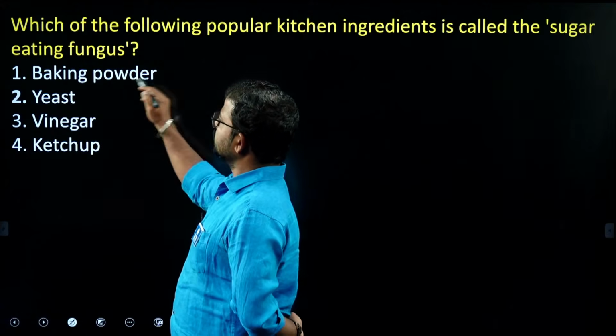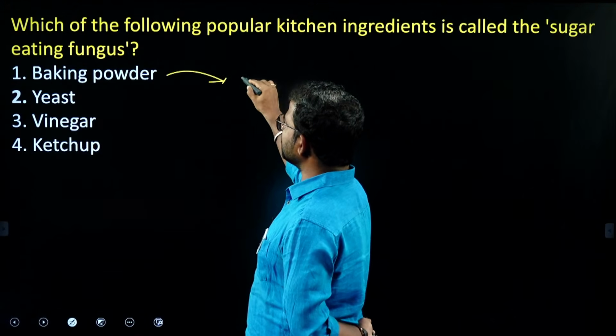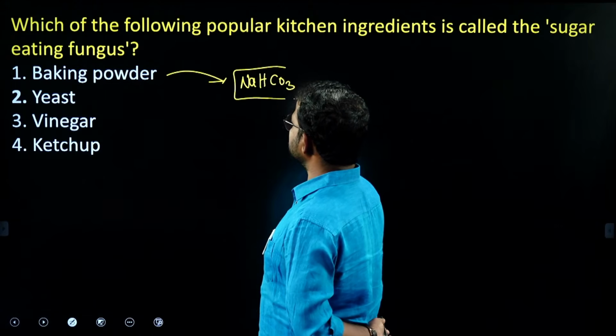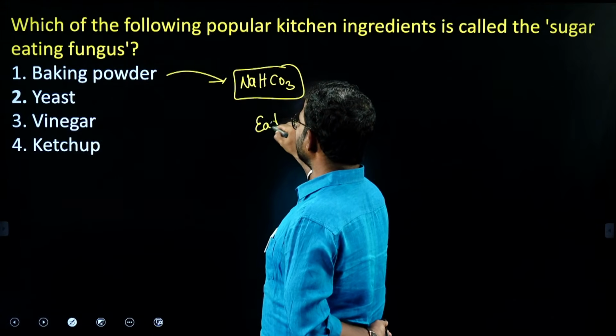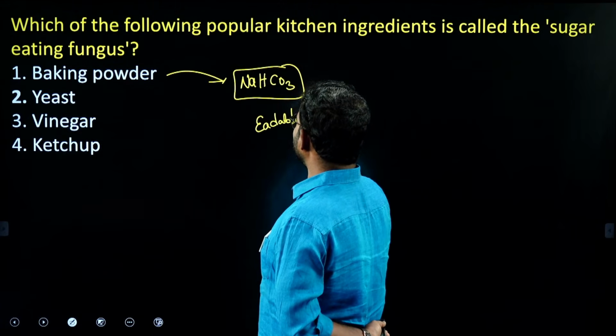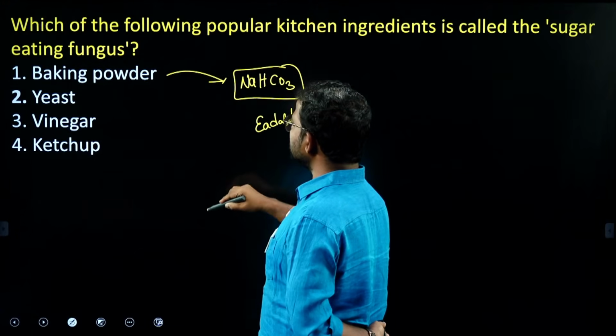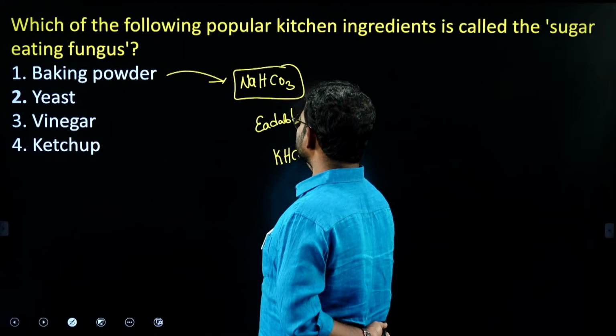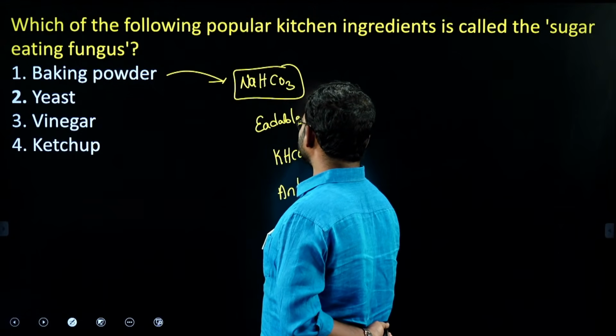Of course, baking powder means sodium bicarbonate, NaHCO3. This is an edible salt. Not only this one, potassium bicarbonate also. These are also treated as antacids.